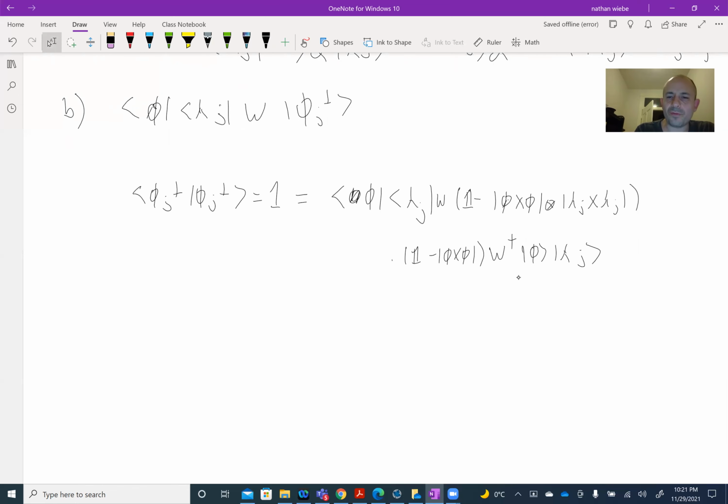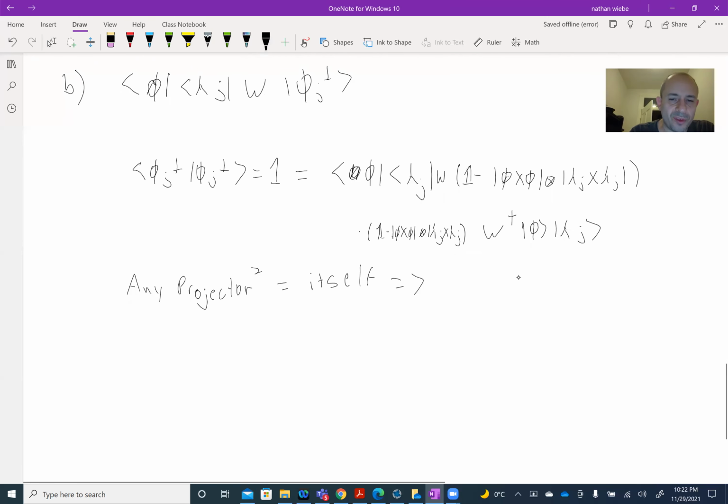Okay, but because of the fact that this is a projector, and any projector squared is equal to itself, we can note that these two projectors end up, let me fix this, this is lambda times identity minus phi tensor lambda j, W perp.